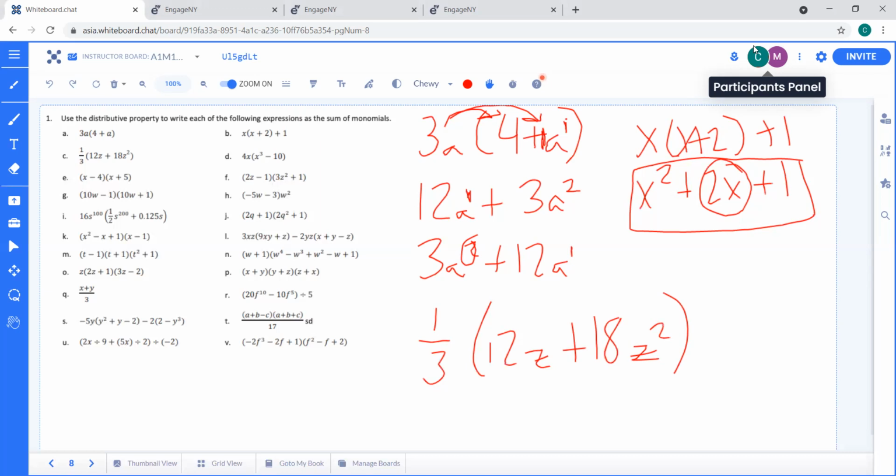So what's 1/3 of 12? That's 4, and the z stays with it. What's 1/3 of 18? 6z squared. And if you wrote that in standard form, you'd have to write 6z squared first, plus 4z.